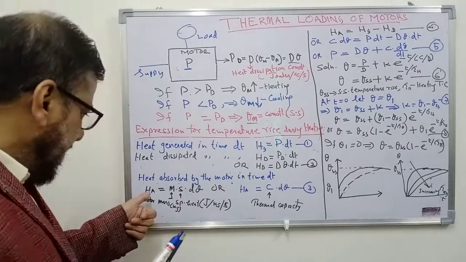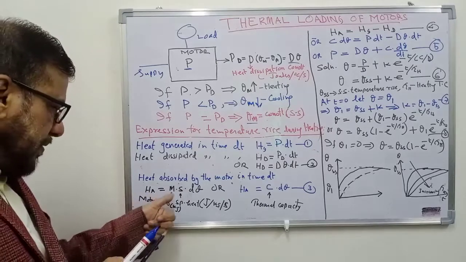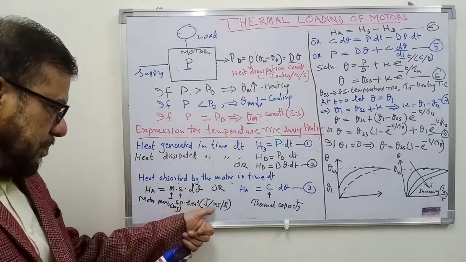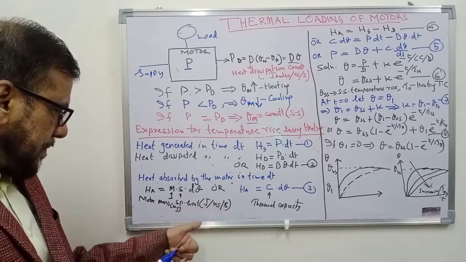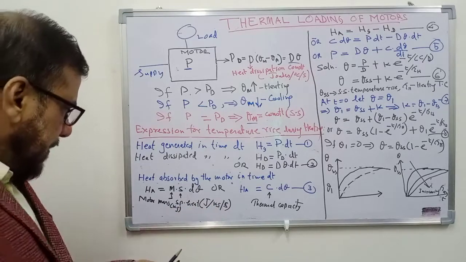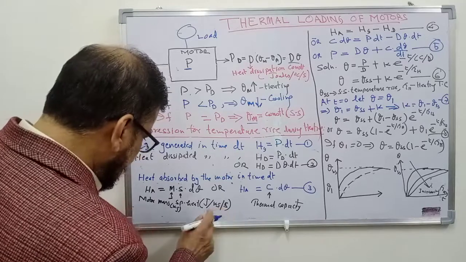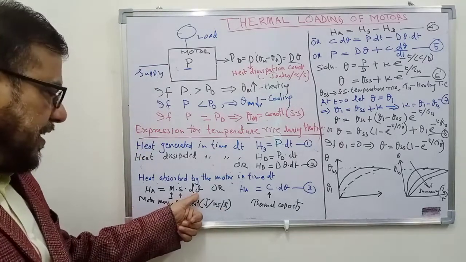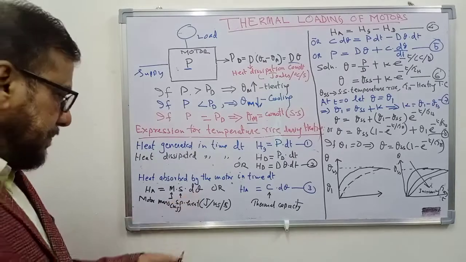So here Ha is equal to m, mass of the motor, S is the specific heat of the motor material in joules per kg per degree centigrade, and this d theta is the temperature rise.